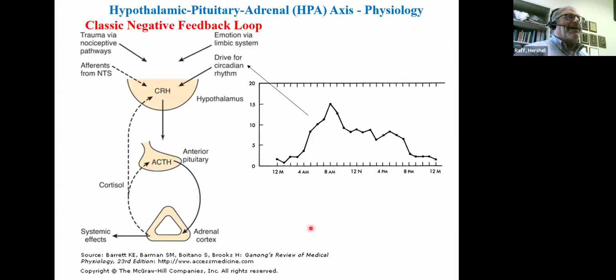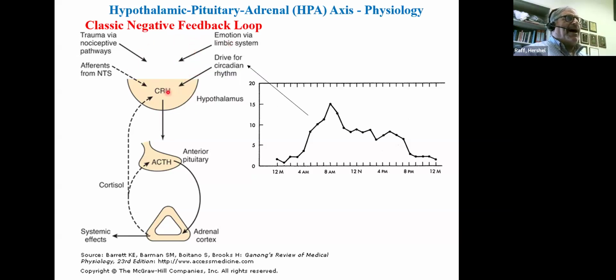So as a clinical physiologist, I always start out with a tiny bit of physiology to remind you back when you were in school. This is called the HPA axis, or the hypothalamic pituitary adrenal axis, and it's a classic pituitary feedback loop system.